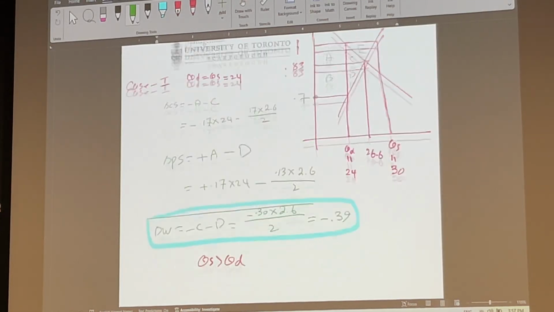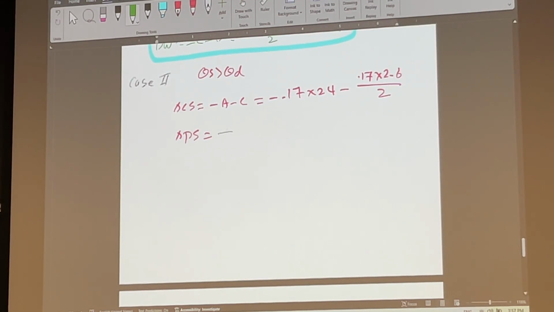A, C, E. We have A, so we don't have to redo it. We have C, so we don't have to redo it. We have to calculate E, right?